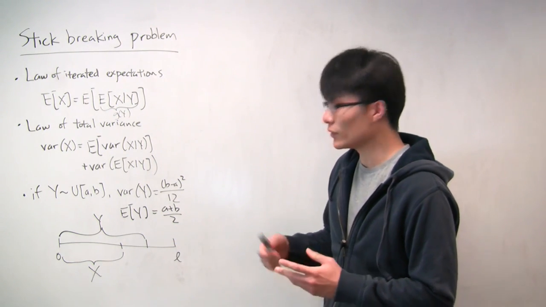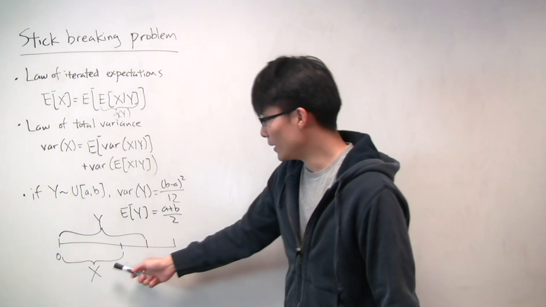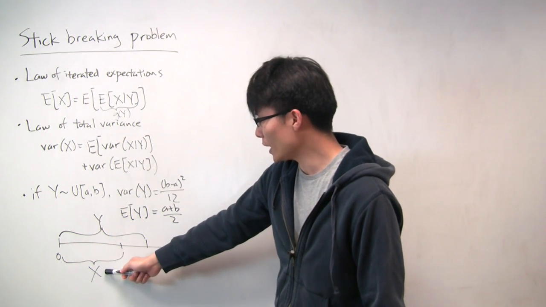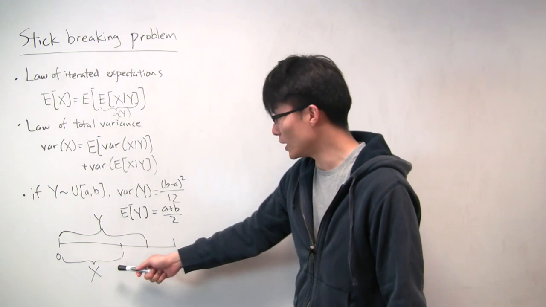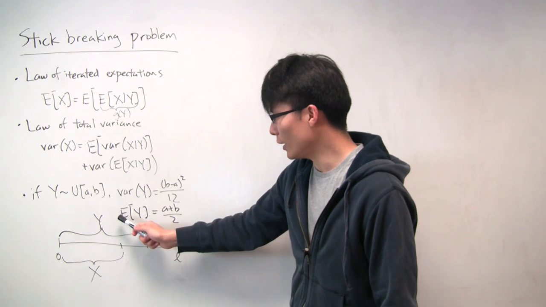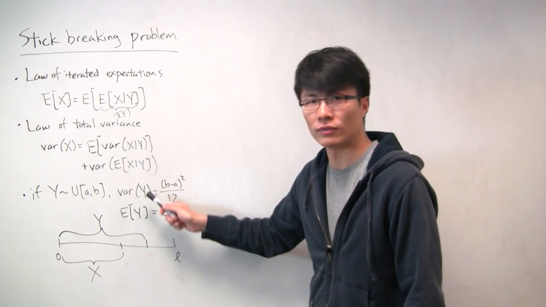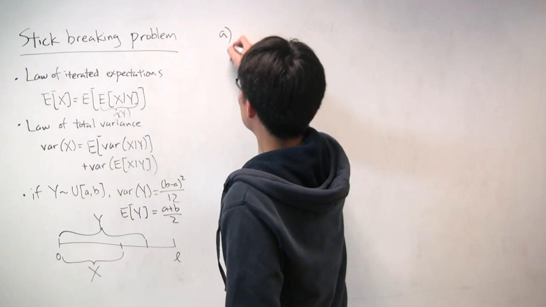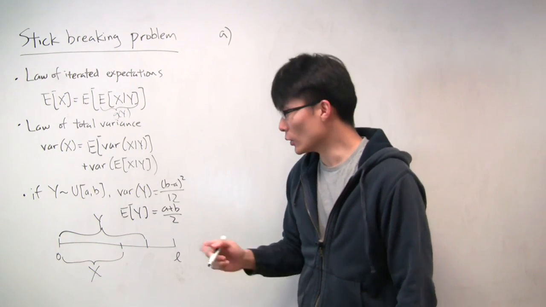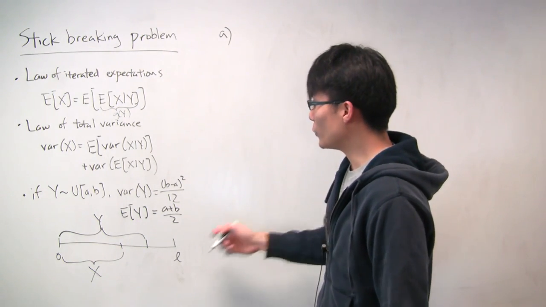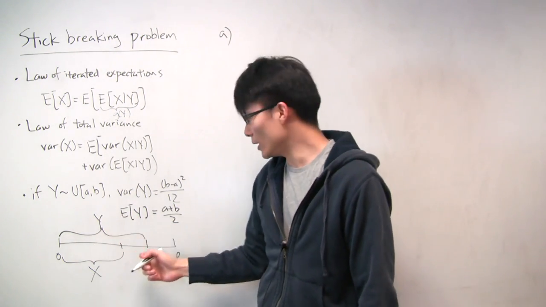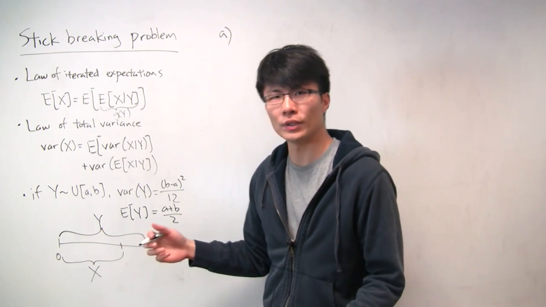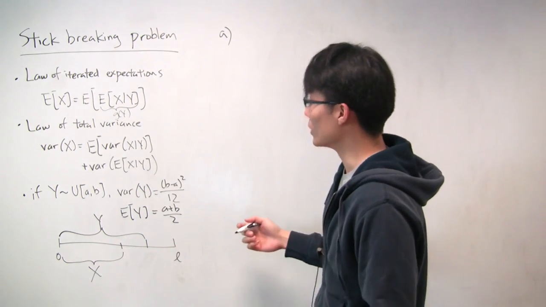At first it seems difficult to do because the expectation and variance of x depends on where you break it the second time and also where you break it the first time. So let's see if conditioning can help us here. The first thing we'll notice is that if we just consider y, the length of the stick after the first break, it's pretty easy to calculate the expectation and variance of y.